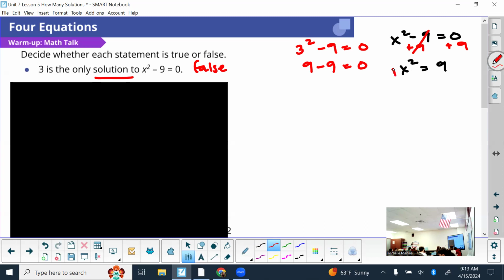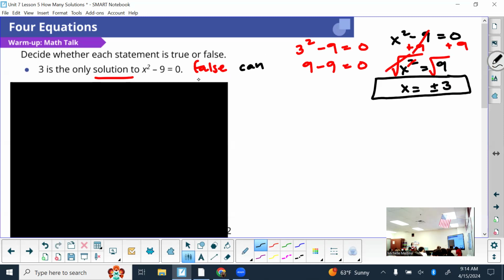And last week we learned that anytime we square root moving forward, you need to write both the positive and negative case. It can be positive 3 and negative 3. So false can also be x equals negative 3.